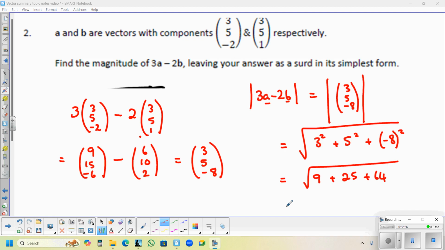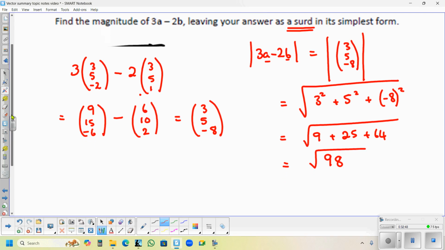When I add all of them up, that gives me the square root of, and it turns out to be 98. So we want to leave this as a surd in its simplest form, and this happens quite often, that these magnitude questions turn out to be surd questions. So we're thinking about our square numbers, 1, 4, 9, 16, 25, 36, 49, 64, 81 and 100.